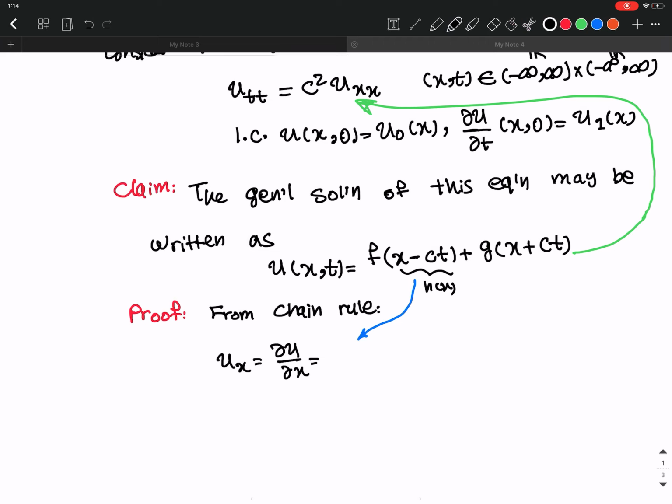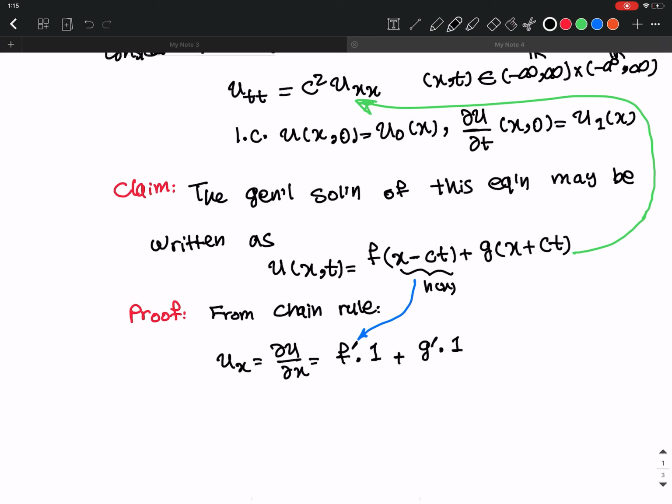So it's gonna be f prime times 1, because the coefficient of x inside is 1, plus the same thing for g, g prime times 1.